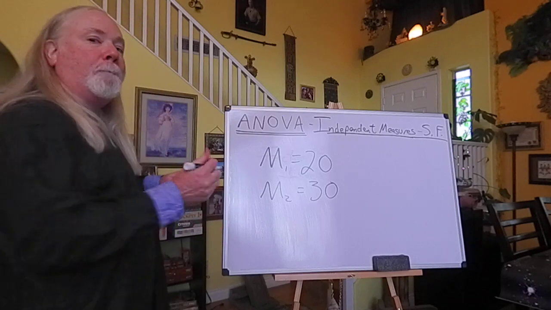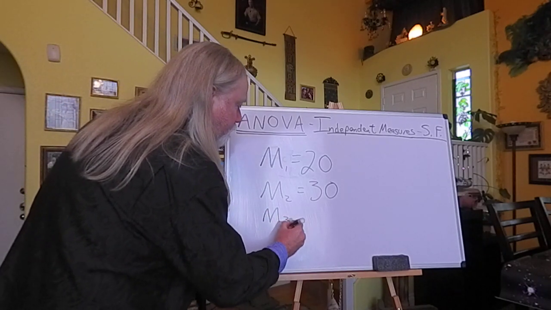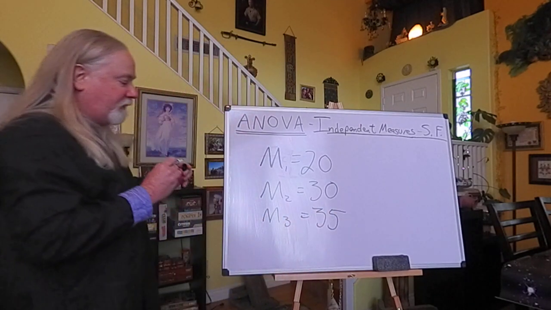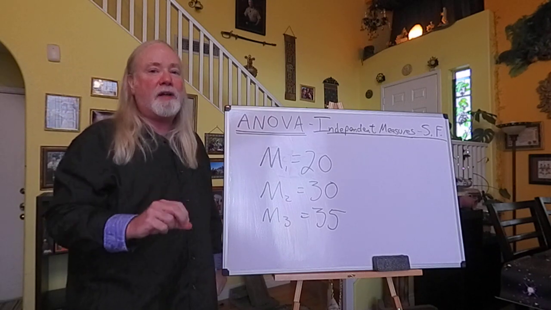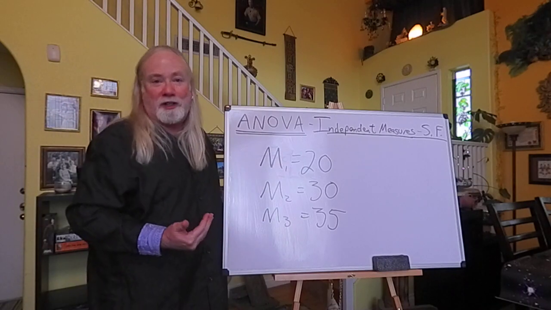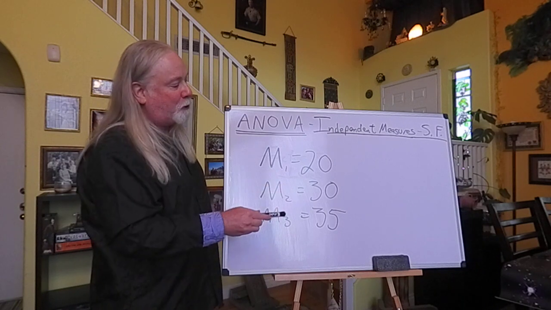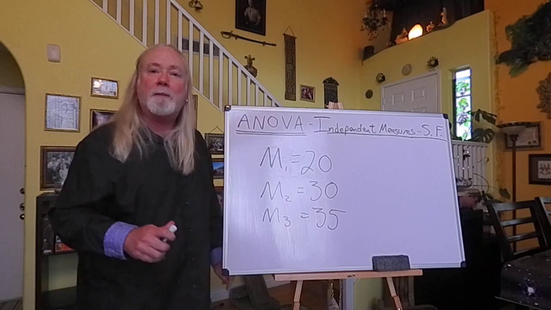Fair enough. But when I add a third group in here, if I try to ask the exact same question, what is the mean difference, we run into a bit of a problem. Because there's three different differences to talk about here. There's 10 points between group 1 and 2, 15 points between 1 and 3, and only 5 points between 2 and 3.